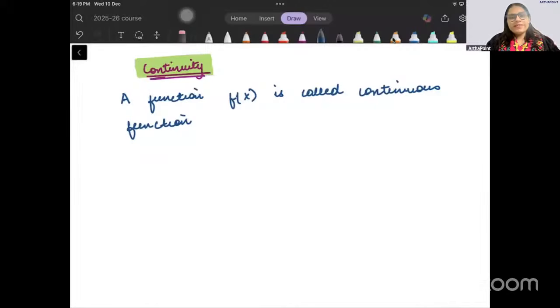No jump, no break. You pick up a pen and you continue drawing. You don't have to pick up your pen back. These are the informal definitions of continuity.